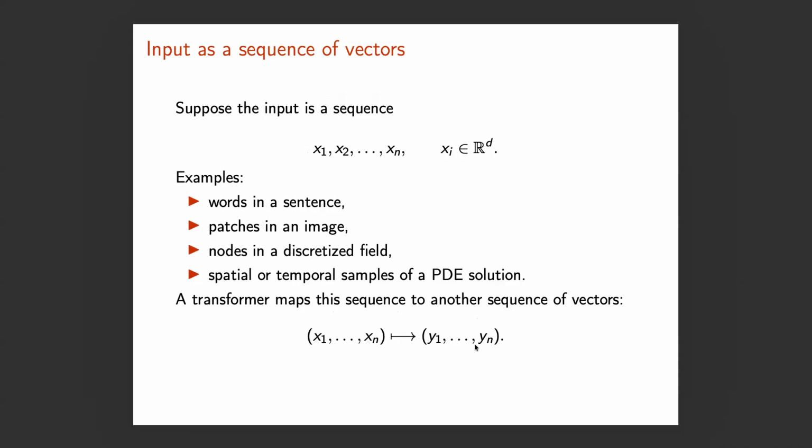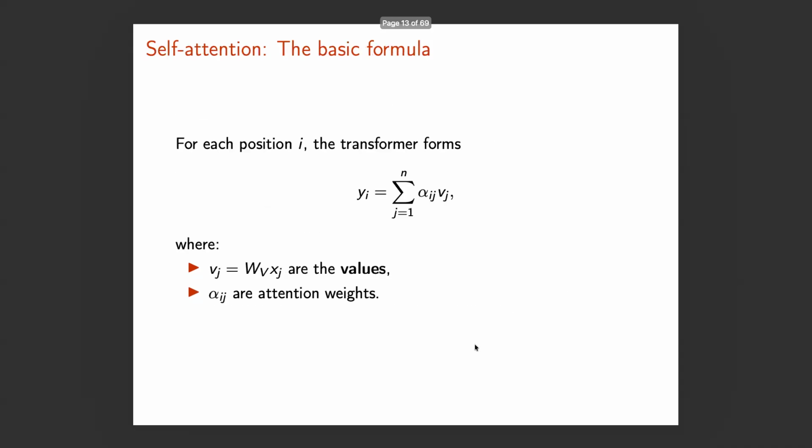Now, the next step is that we have what are called the attention weights. And this is the essential part of a transformer. For each position, you transform the data by having a matrix W. So this contains parameters which need to be trained.